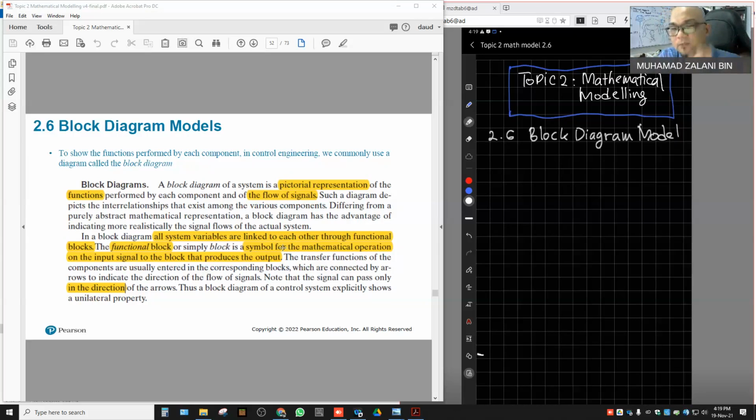From one variable to another variable, the variable is connected through the functional block, or simply we can call it just block. Block means a block with a function. That block is a symbol for the mathematical operation on the input signal to the block that produces the output.